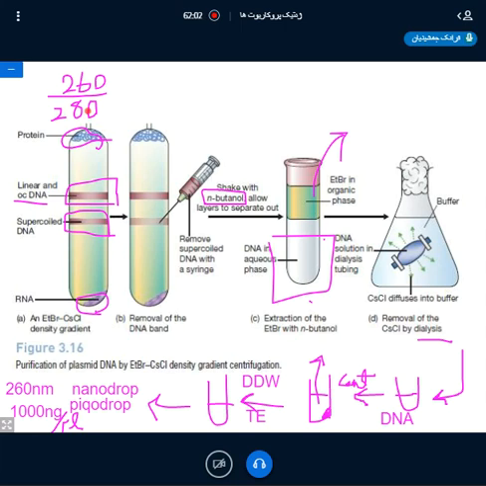For example, do we have any contamination of proteins or not? So at 260 to 280, we can understand the contamination. It should be about 1.8 to about 1.